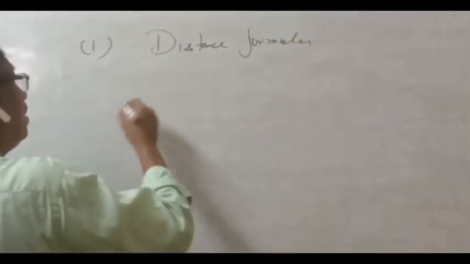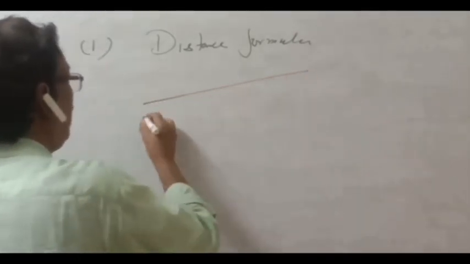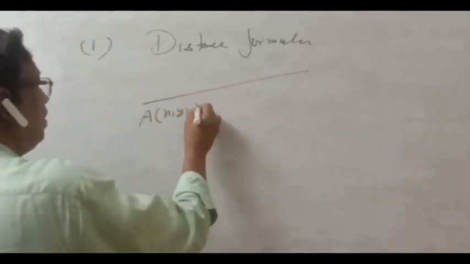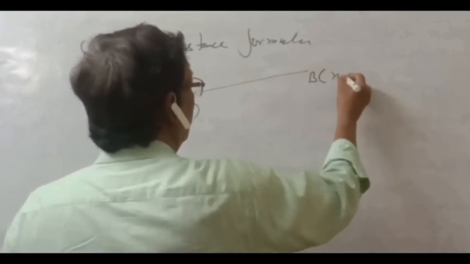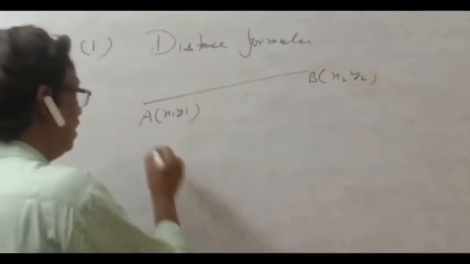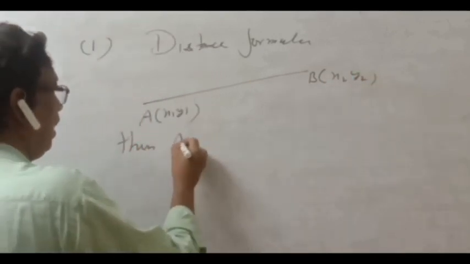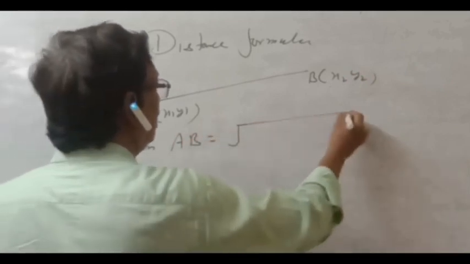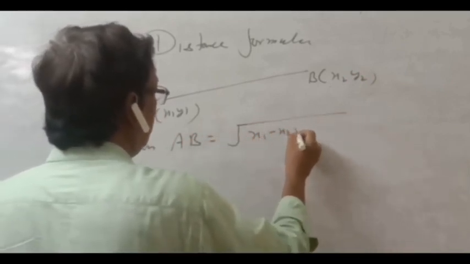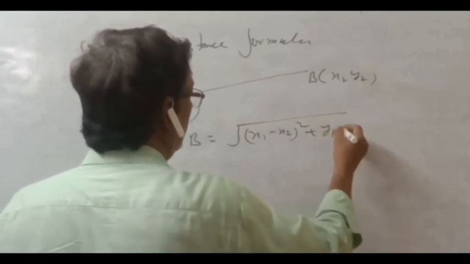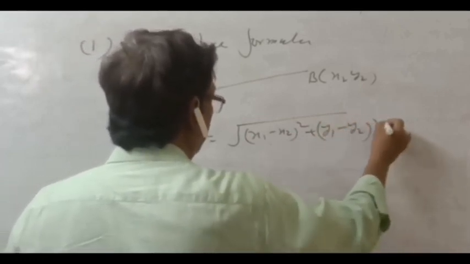If A is (x1, y1) and B is (x2, y2), then AB is equal to root under (x1 minus x2) square plus (y1 minus y2) square.